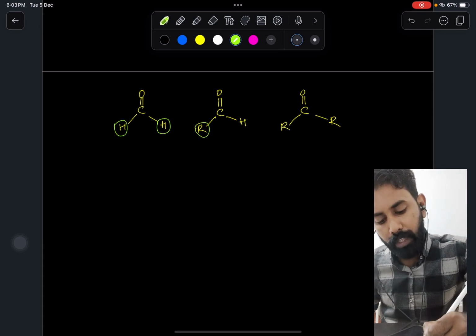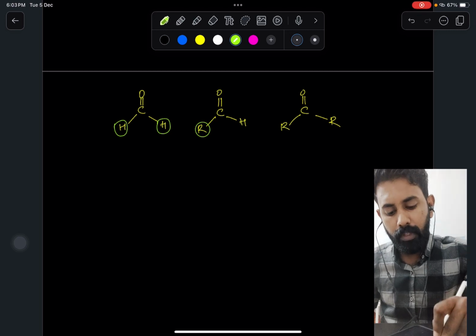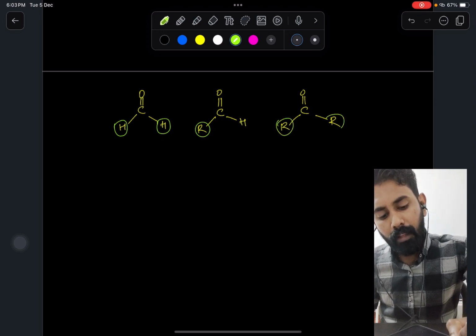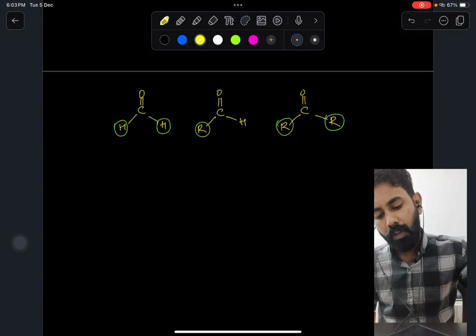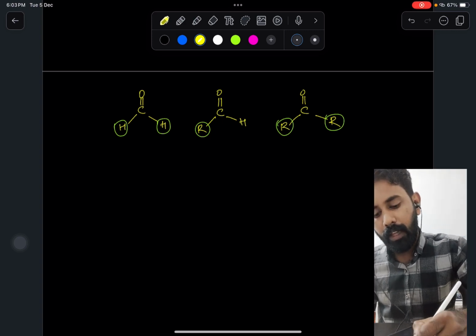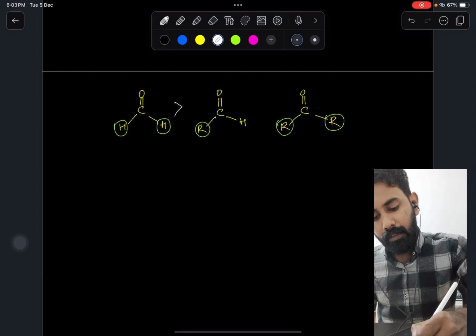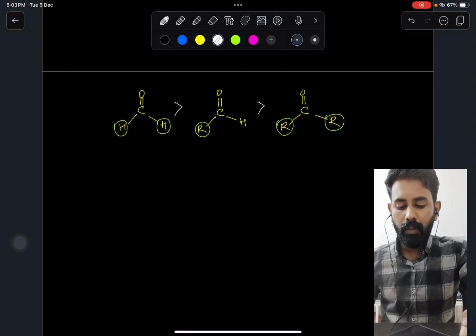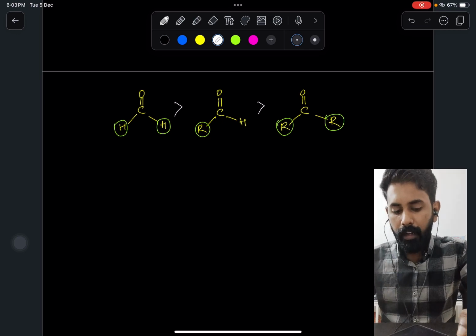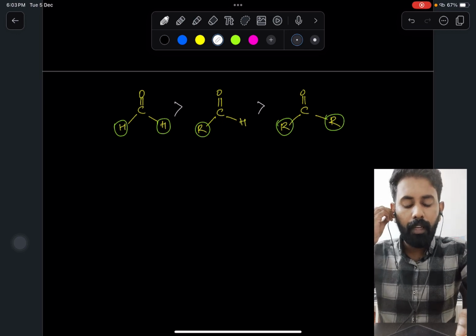But in the case of the second aldehyde, there is one R group which is electron releasing, and in the case of the ketone, there are two different alkyl groups. So it is clearly visible from this structure as well which one is more reactive. The first aldehyde is more reactive than the second aldehyde, and it is more reactive than the ketone.